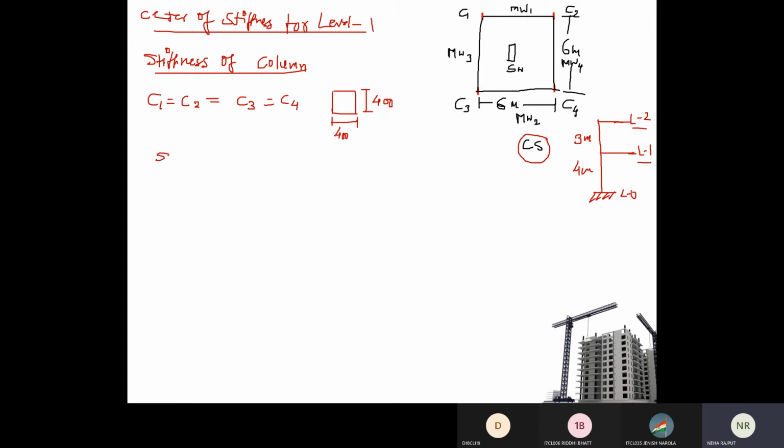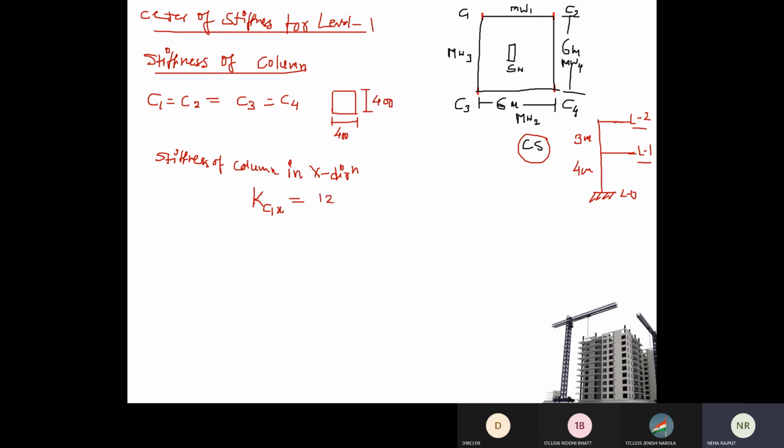So stiffness of columns in x direction. First we'll find for x direction. So K C1x, meaning stiffness of C1 column in x direction.